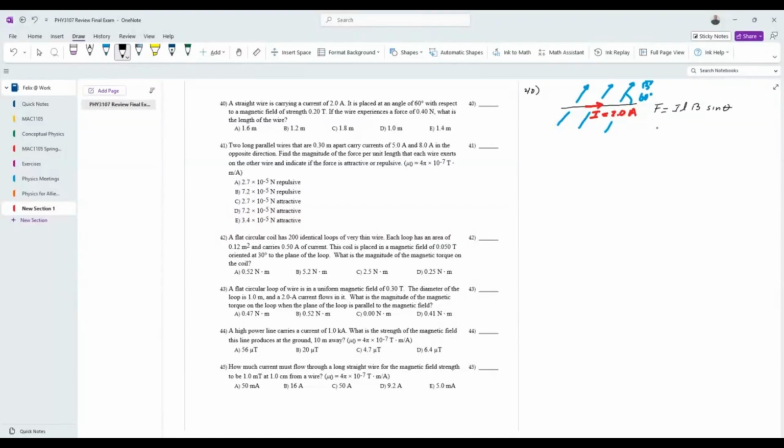If we solve for the length, we get that force over current times intensity of the field times sine of theta is equal to the length. So the length would be force, that is 0.40 newtons, divided by a current of 2 amperes, a field of 0.20 Tesla.